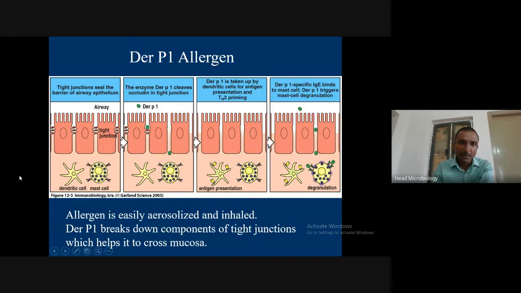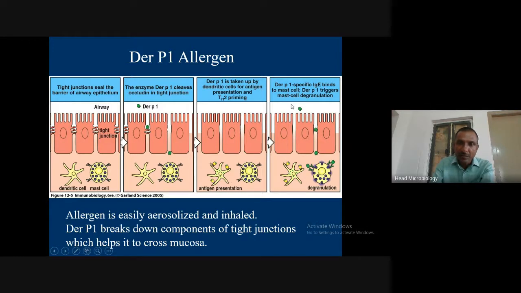The dendritic cells and mast cells in the airway transfer the enzyme that cleaves the occludins of the tight junction. It transfers the tight junction with the foreign particles for antigen presentation.